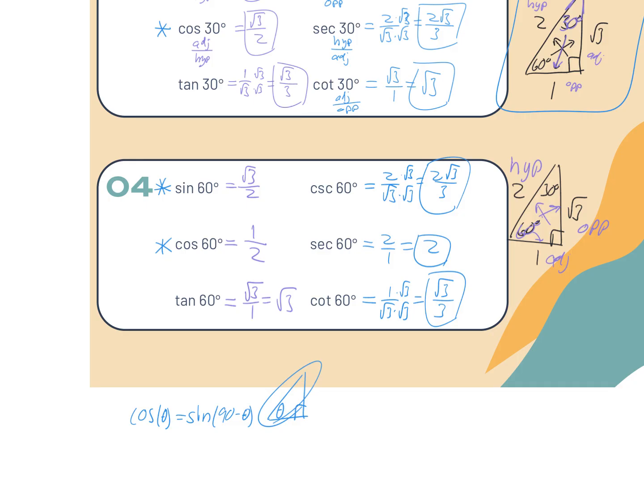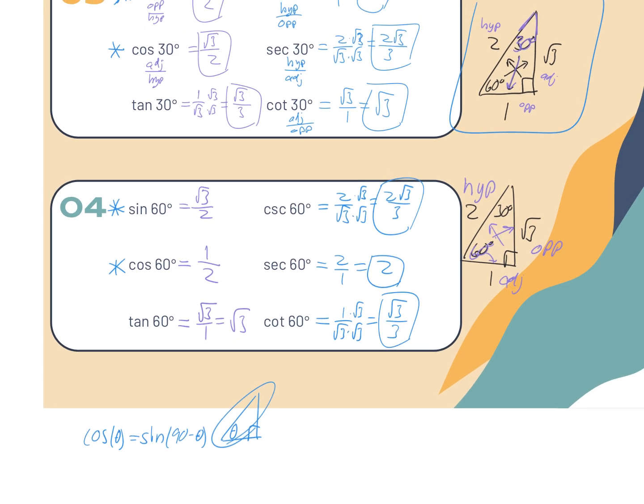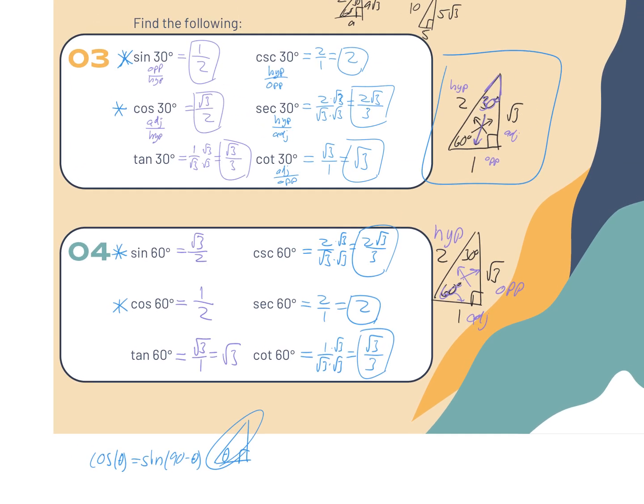But if you don't understand that, don't worry too much about it, as long as you can draw a triangle, label it appropriately, and you know SOHCAHTOA, then this shouldn't be anything super crazy.